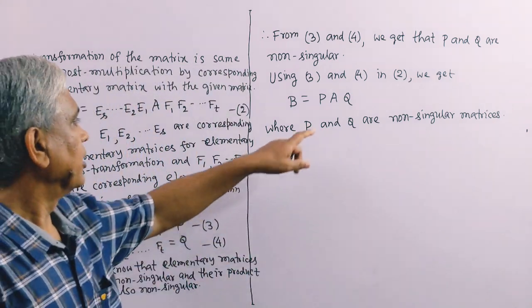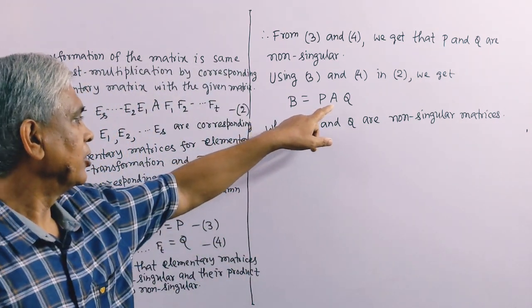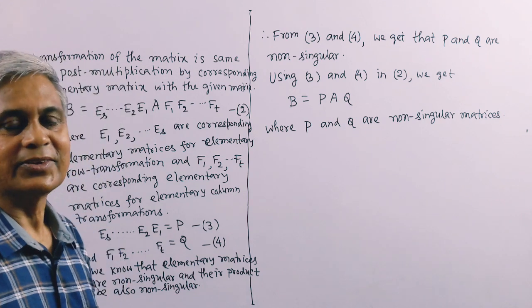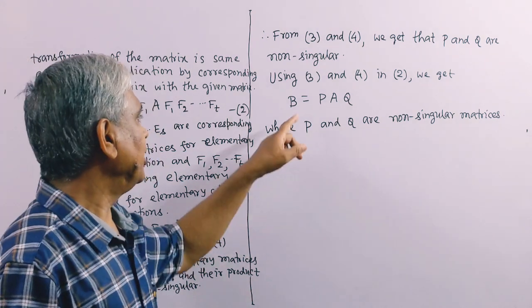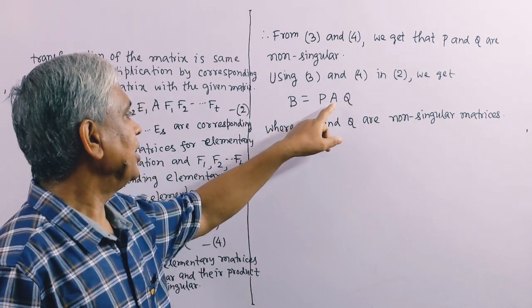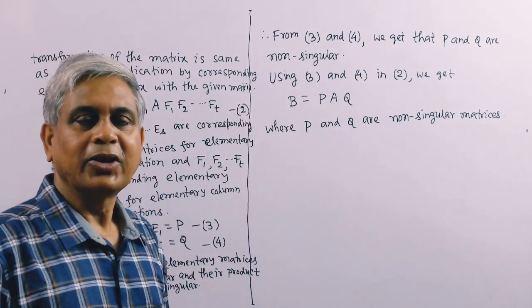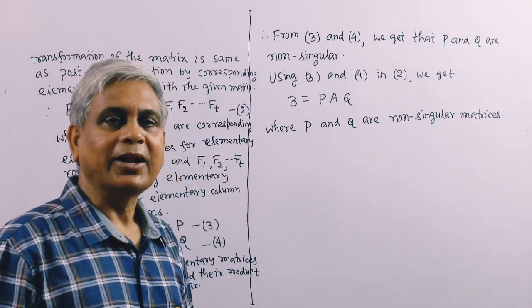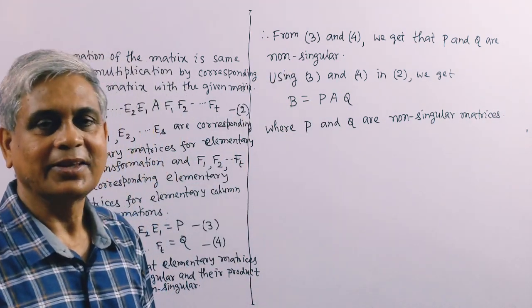Therefore, if A and B are two equivalent matrices, then B is equal to PAQ, where P and Q are non-singular matrices. Proved.